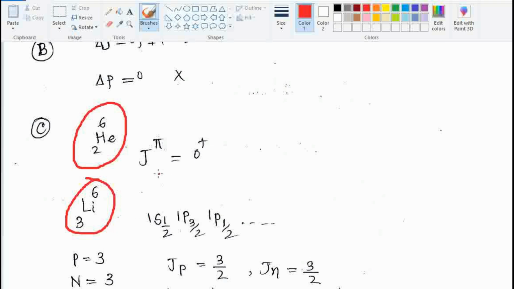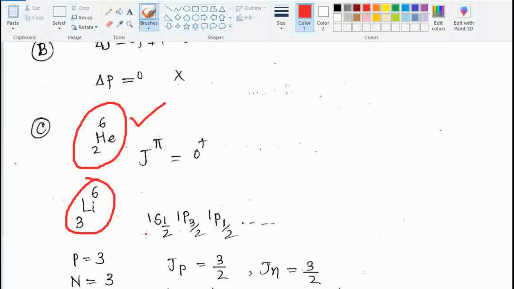So you see first, this is the parent nucleus. This is an even type of nucleus, so its spin parity will be 0 positive, as all the neutrons and protons are paired off. The spin equal to 0 and the parity is even. Now you see, as helium is converting into lithium, and lithium has a proton number 3 and a neutron number 3, as its A number equal to 6.